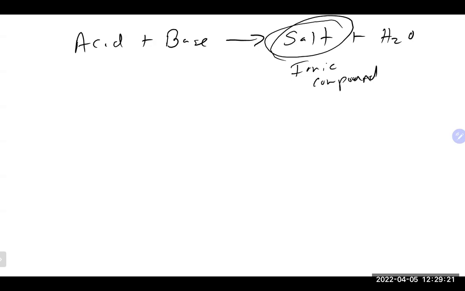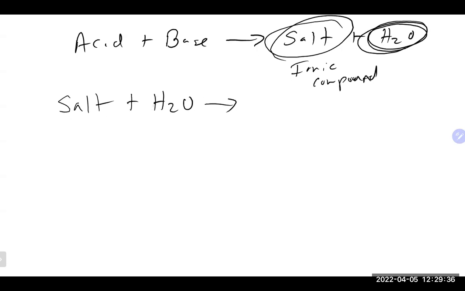In certain cases, the salt will then continue on to react. In some cases, the salt will react with pretty much what else is there, which is water. So in certain cases, we will get a salt and water to react, and this is what is referred to as a hydrolysis reaction.